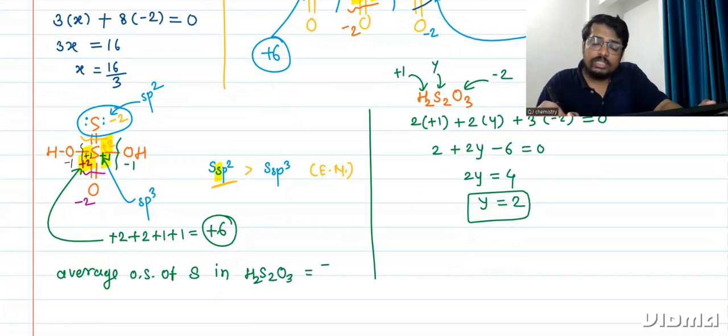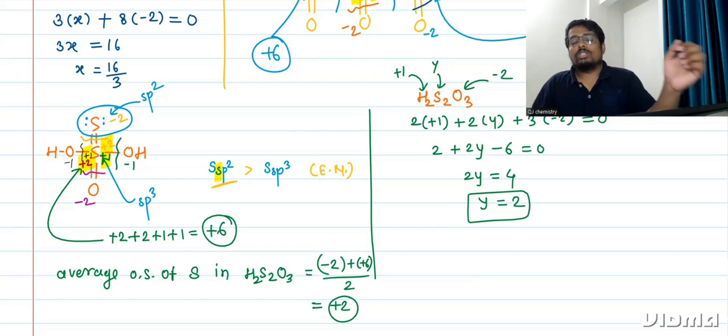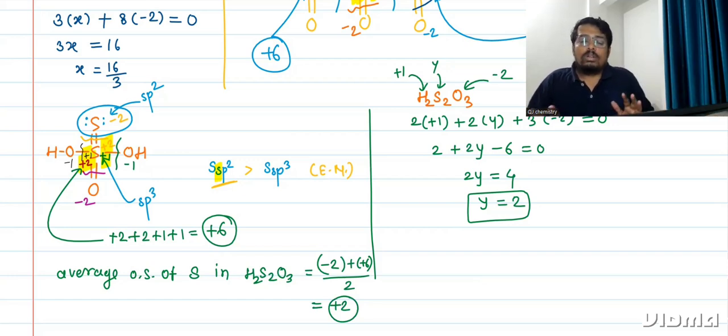One sulfur atom is present in the minus 2 oxidation state, while the second sulfur atom is present in the plus 6 oxidation state. Take the average. The average is equal to plus 2, right? So in H2S2O3, the average oxidation state of sulfur is plus 2, while the individual oxidation states of the sulfurs are different, that is minus 2 and plus 6.